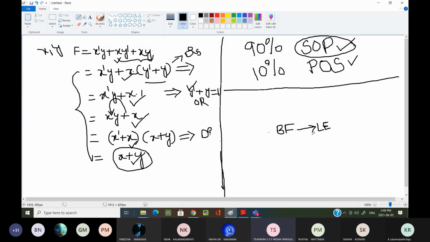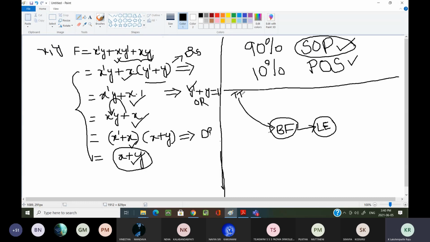Some theorems and postulates? Not how I am deriving, but how we are deriving the logical expression, not based on theorems or laws or postulates. Based on the truth table, we are deriving the Boolean function.